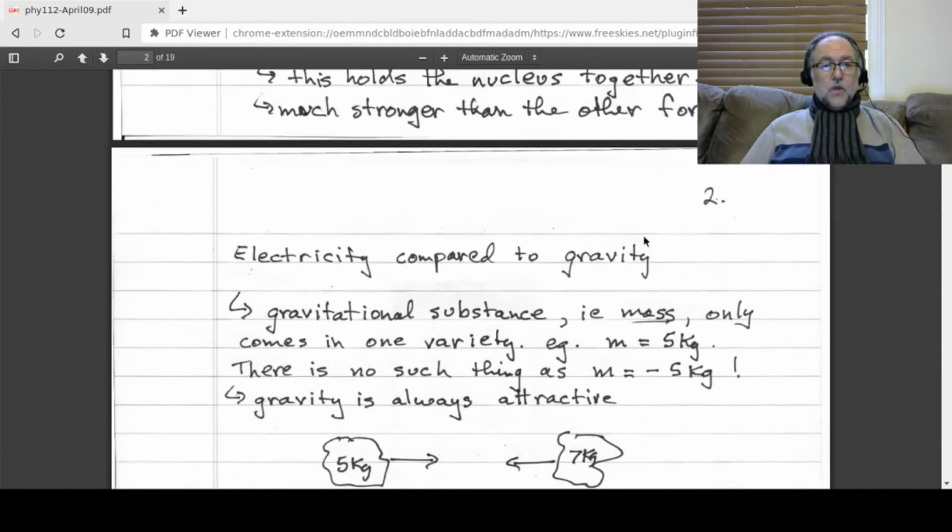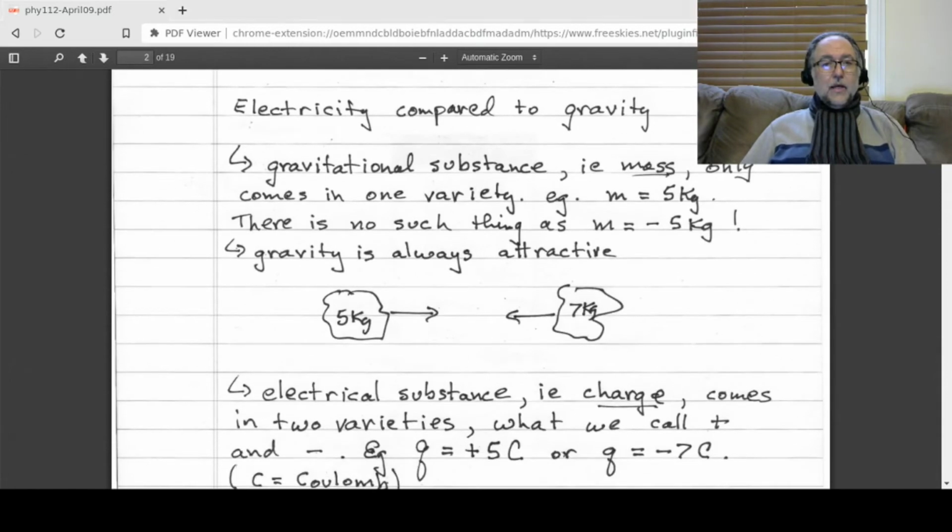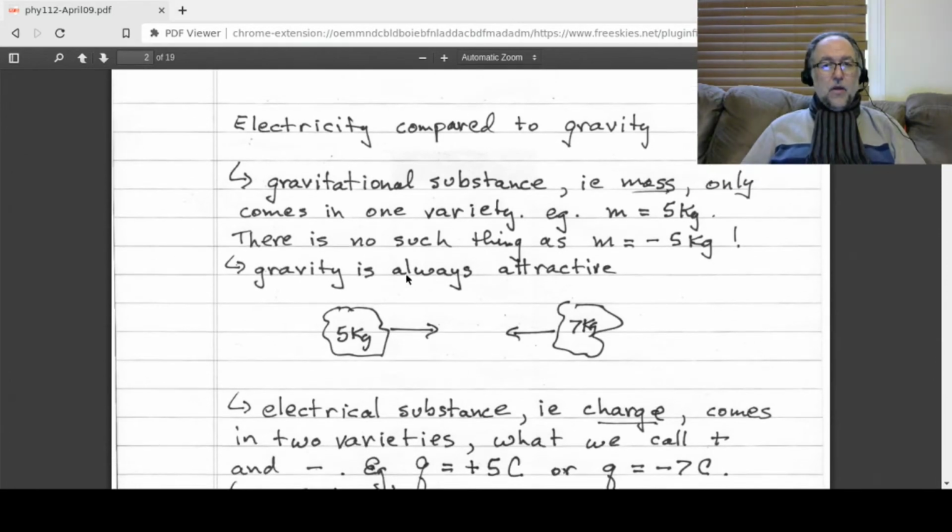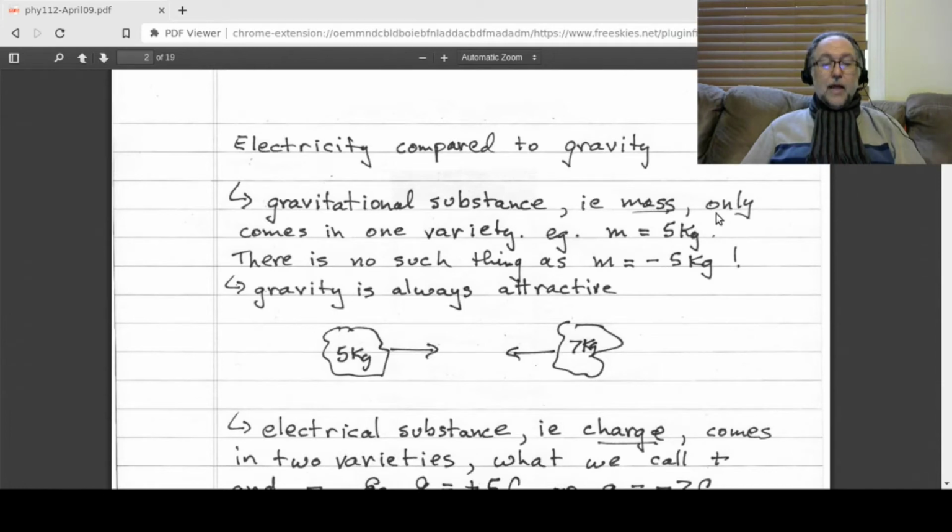Okay, so let's compare electricity to gravity. Okay, so in gravity, the gravitational substance, that is the stuff that's responsible for causing gravitational attraction, is mass. Okay, and mass only comes in one variety, positive. Okay, so you say this thing has a mass of 5 kilograms, or that thing has a mass of 7 kilograms, and there's no such thing as negative mass.